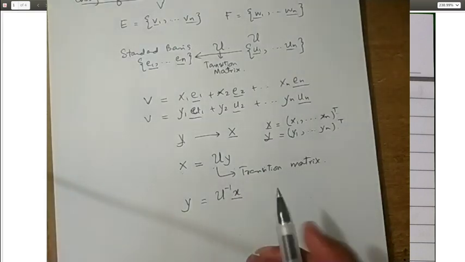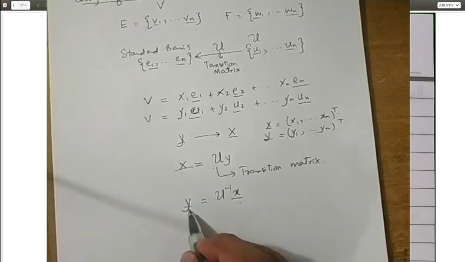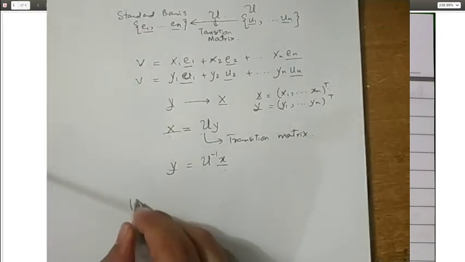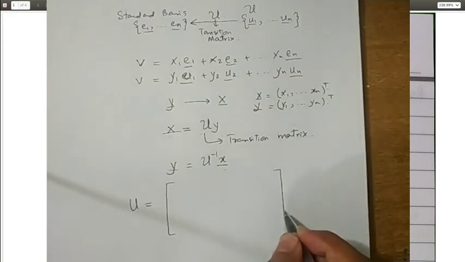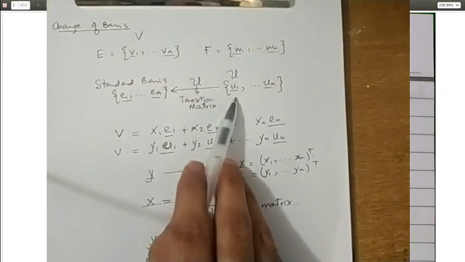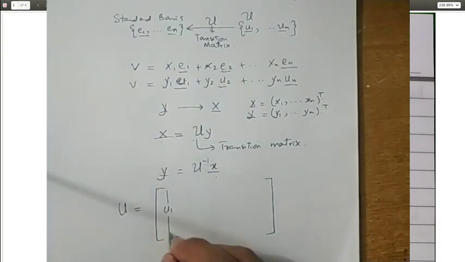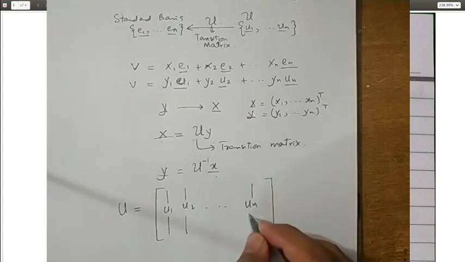And over here what you're doing is you're going from the standard basis vector to the non-standard basis vector. And if you recall, matrix U was simply generated by taking these basis vectors as the column vectors of U. So this was u1, this was u2, up until un.